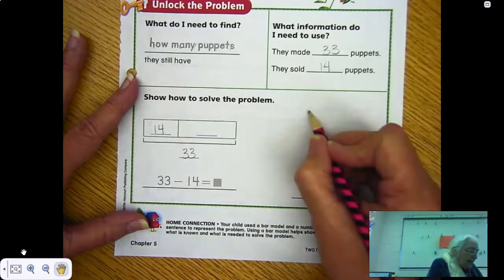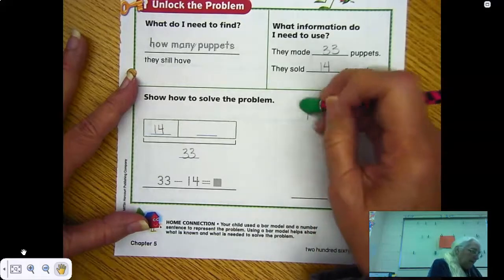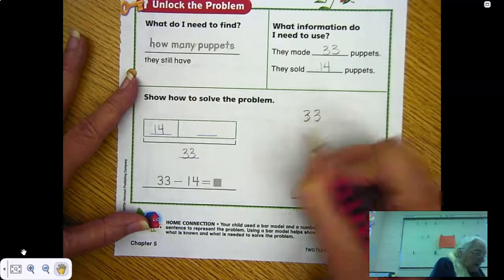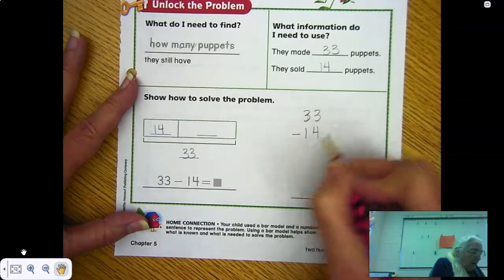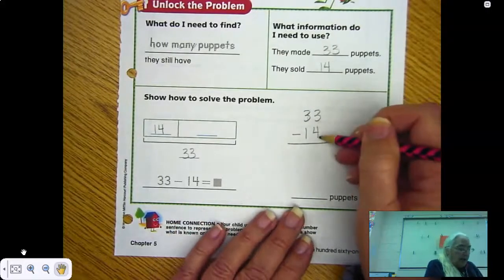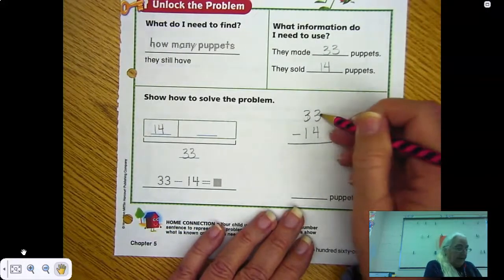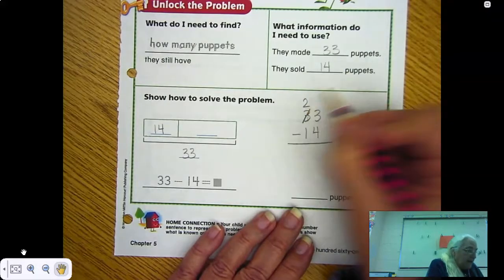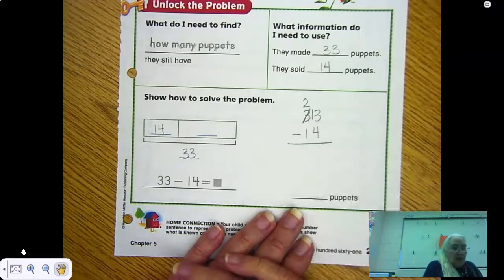I'm going to set that up as a subtraction problem. 33 take away 14. Now, I start with 3 in the ones column. Can I take away 4? No, I only have 3 up there. So I'm going to regroup in the tens column. Going to make that a 2 and bring the 10 over here into the ones column.